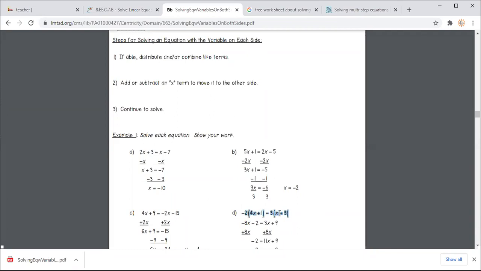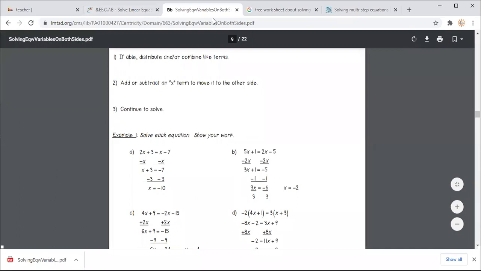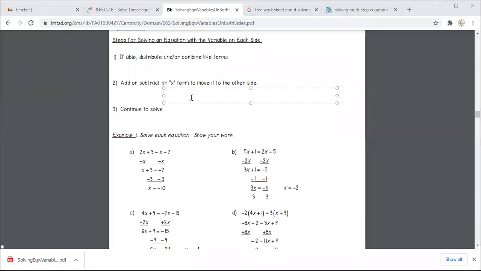Let's start to answer this question. Negative 2, I will write the question here. And you will start to answer it with me, okay? Be ready. Negative 2, parentheses, please copy the question. 4x plus 1 equal 3x plus 3.